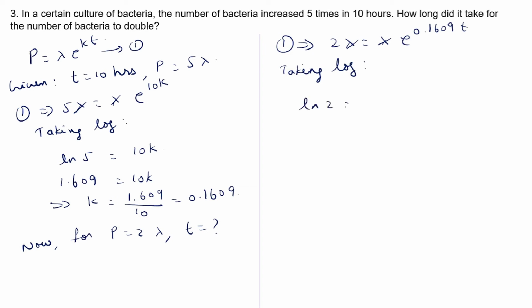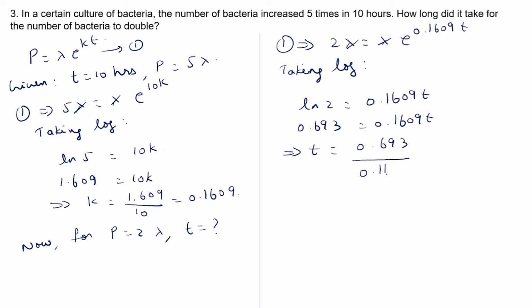We get ln 2 is equal to 0.1609 t. Ln 2 is 0.693. This is equal to 0.1609 t. So from this we have t is equal to 0.693 upon 0.1609. Now when we divide, we get t is approximately equal to 4.3 hours. So the time taken for the bacteria to double is 4.3 hours.